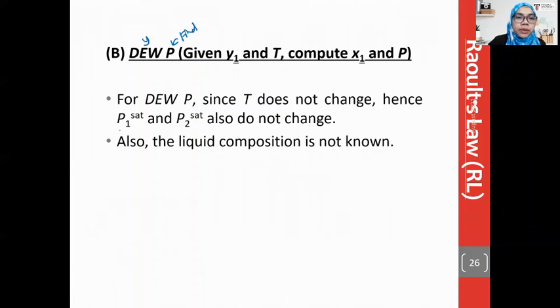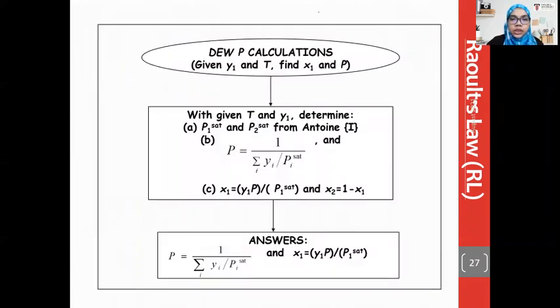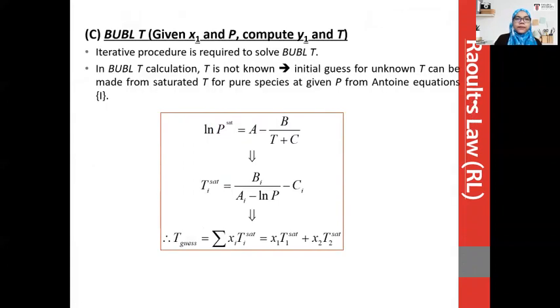We need to determine the P saturation using the Antoine equation because the temperature is not changed. This is the overall step to determine the dew P calculation. To find P, the composition of vapor is given, so you can get the value of P here. And then finally, we can determine the composition in the liquid phase.